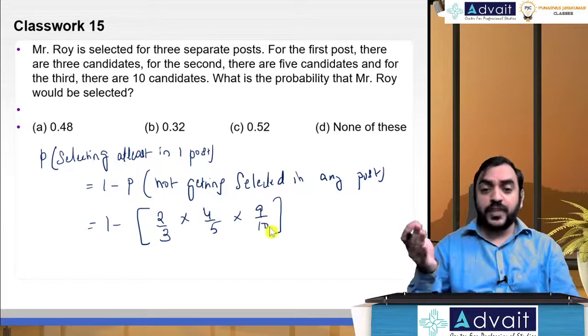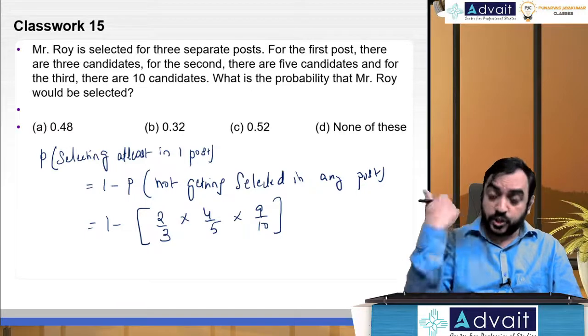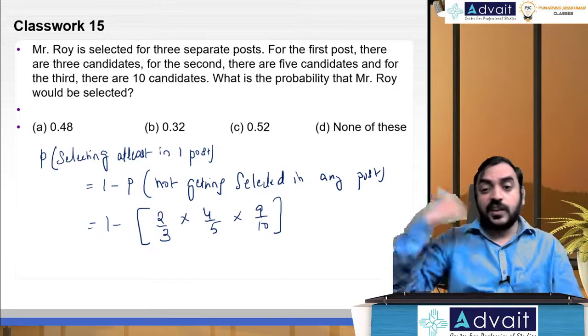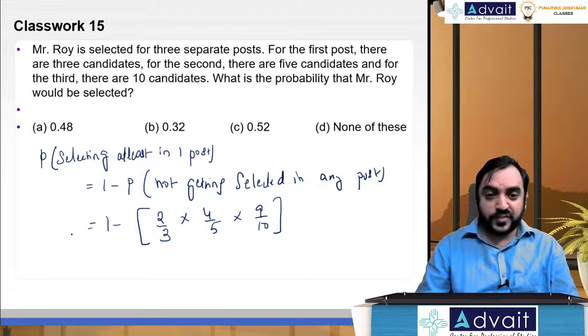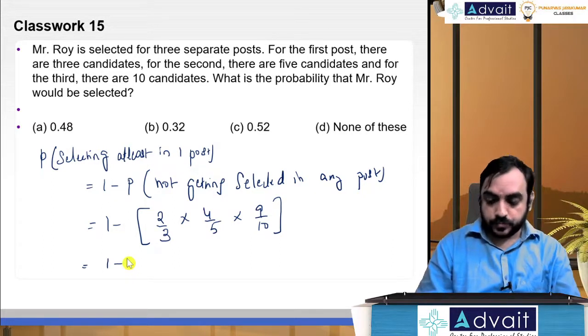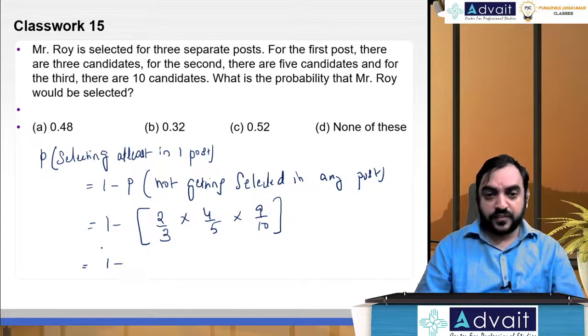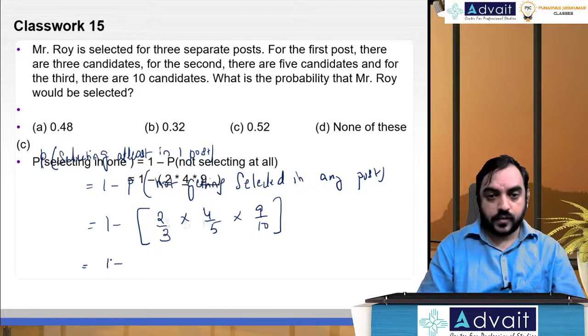You multiply all of them, basically means you are not getting selected in all the posts. First also failure, second also failure, third also failure. Multiply all of them. 0.45. 0.48.